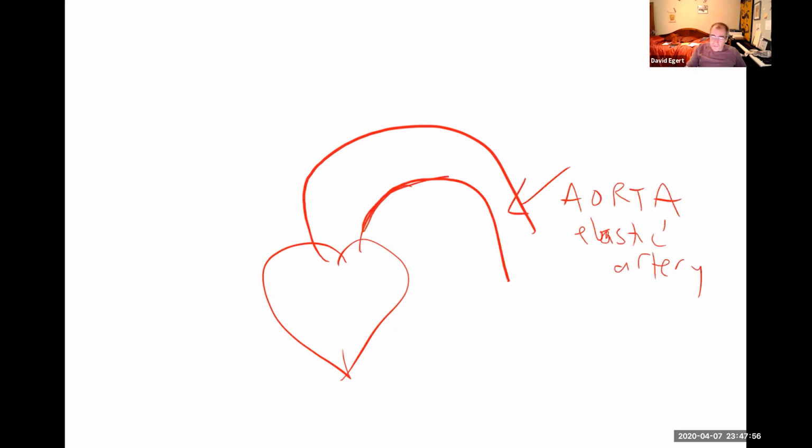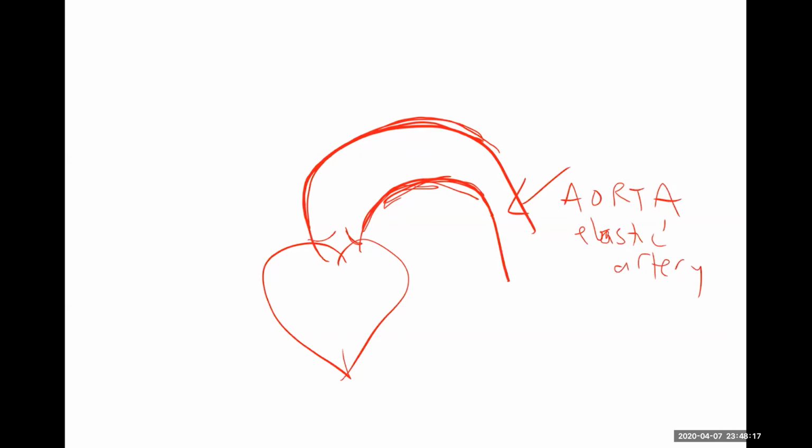What is the benefit of having this aorta, and the pulmonary trunk will be similar, to have this elastic, stretchy quality to it? Anybody? Regulate blood pressure. Yeah, it's going to be to keep the blood pressure from dropping to zero when the ventricles are in diastole, when they're relaxing.